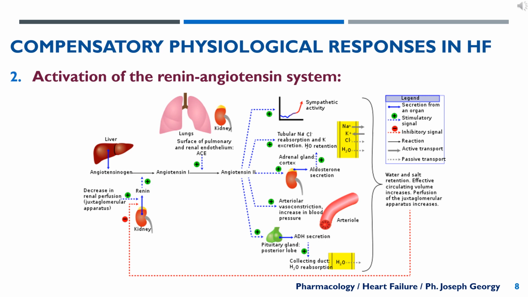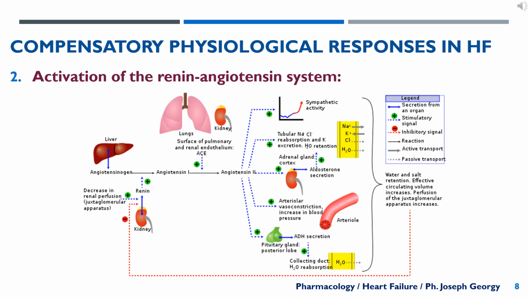which itself is going to stimulate the kidneys to secrete renin. Renin itself is going also to send another stimulatory signal into the angiotensinogen, which is secreted by the liver, and this renin will participate in the transformation of angiotensinogen into angiotensin 1, which is the inactive form of angiotensin.